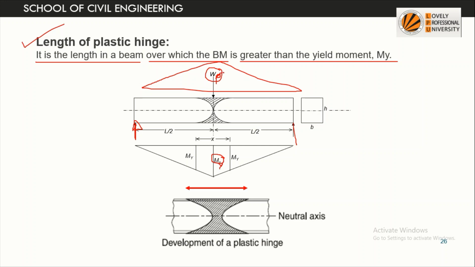Corresponding to this load Wp, MP is formed. So this will be the region where the bending moment is greater than My. This region is called the length of plastic hinge. The plastic hinge will form here, but some portion of the beam to the left and right of the plastic hinge will have a moment equal to the yield moment. So this is called the length of plastic hinge.